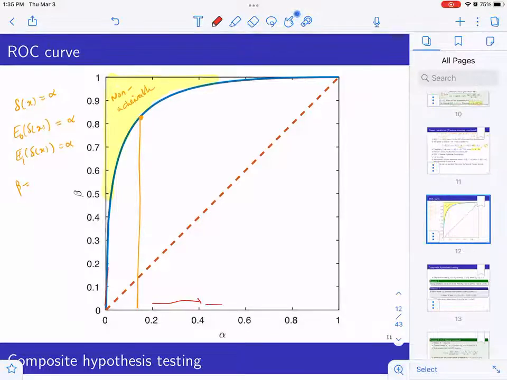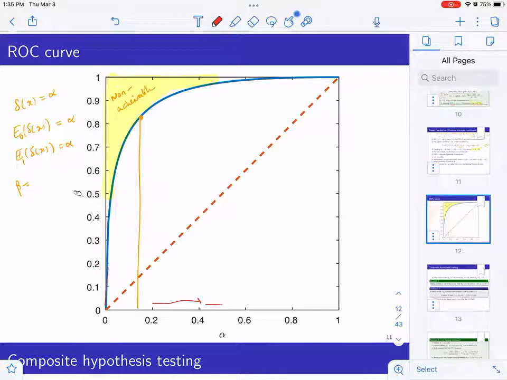You can achieve power close to 1, but alpha has to be very close to 1. There's a sweet spot right around here, where you don't need to go further. It's probably not worth it, but I don't know, it's subjective. But you can see the shape is concave, so there's diminishing return.